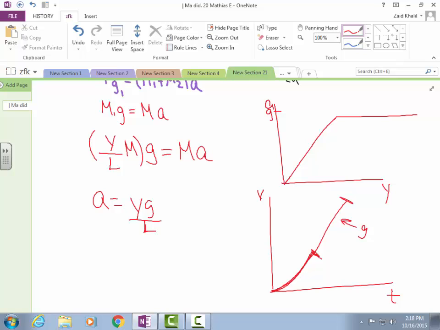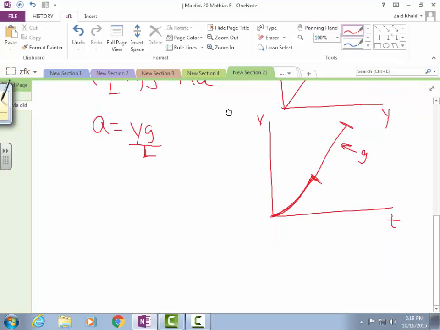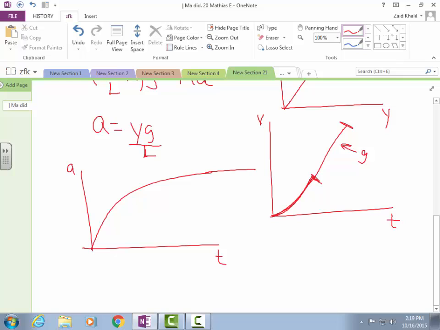And in fact, I have strong suspicions that A versus T looks like this. I have very strong suspicions that it looks like this. In other words, it's not linear, it's not parabolic, but it's exponential.